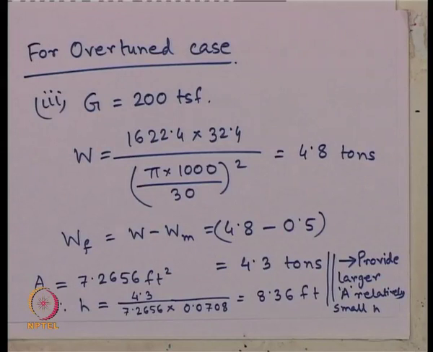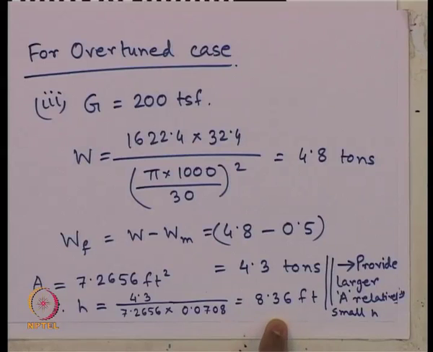So, these are the design guidelines you can note down, which I am not writing. So, as a practicing design engineer, you have to follow this aspect. After getting the weight, get how much height is required. You have not provided this height, so you have to increase that height. Hence, it is required to provide a bigger area and a relatively smaller height instead of giving a very long height and small area.